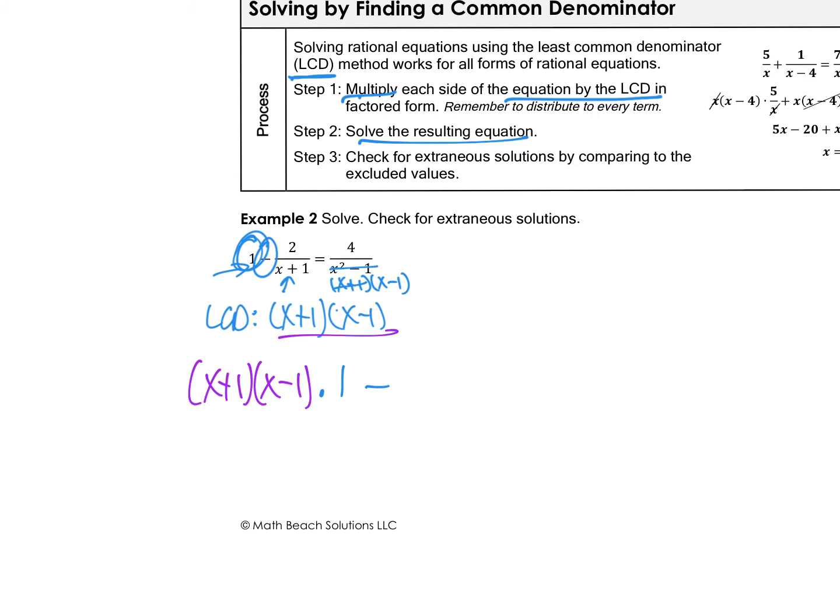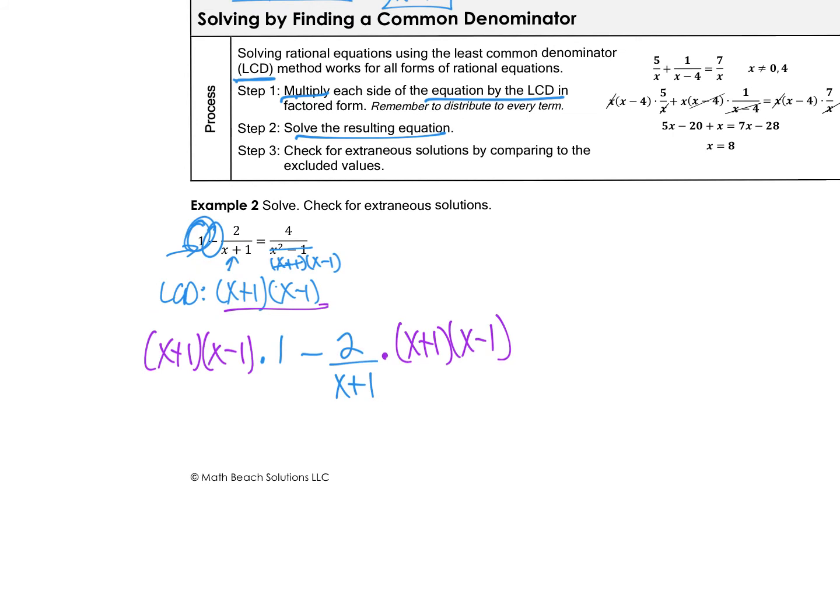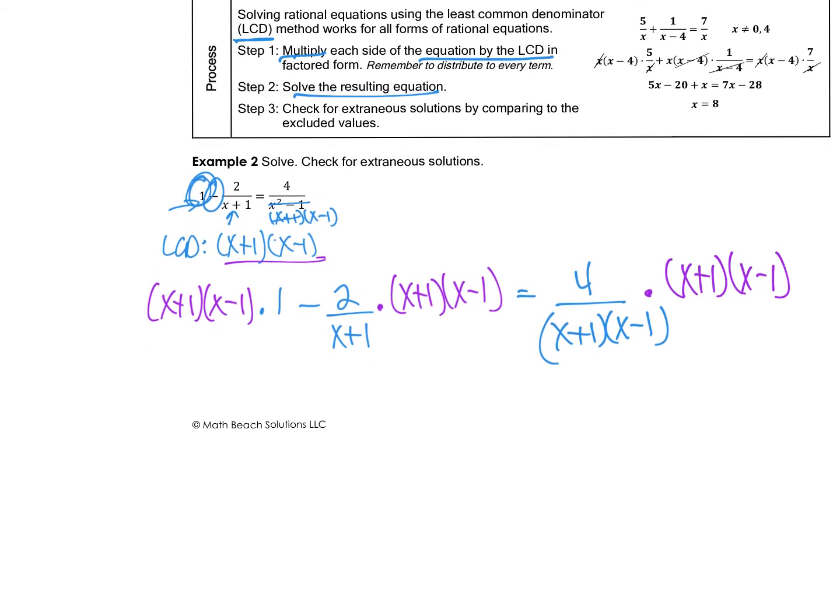And then 2 over x plus 1, I need to multiply it by the LCD. And then multiply this one as well. So you're having to multiply every single term in the equation by your LCD.